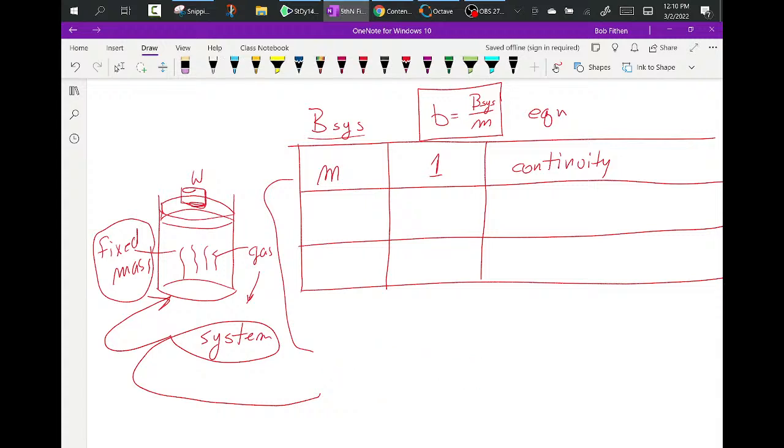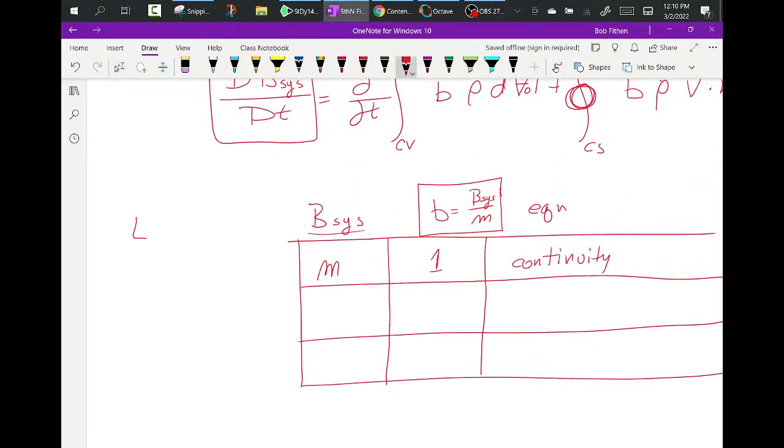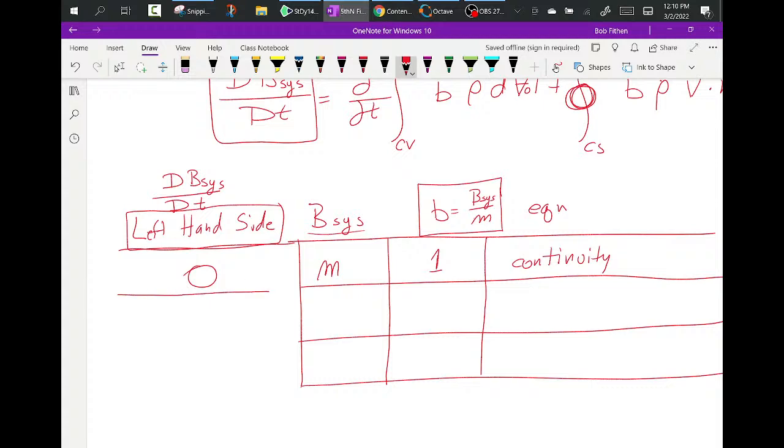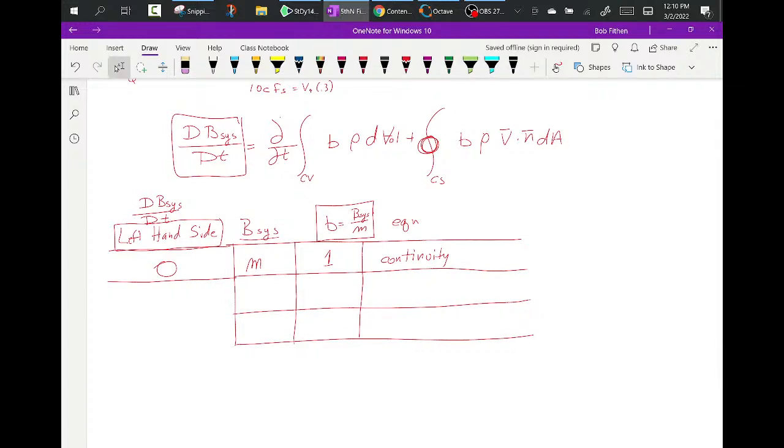And so actually, what I'm going to do here is add a portion to this table that's going to be left-hand side, or d dt, and what should go here should be 0. So if you look at this equation, that's what you get. So let's experiment here. And what I'm going to do next, I'm going to go ahead and do this one.